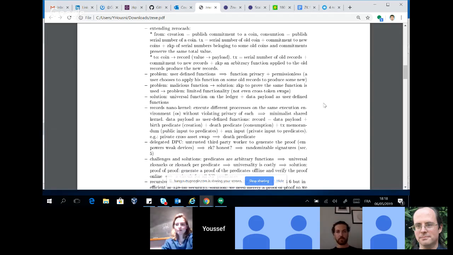So in their paper, they propose a way to give an untrusted worker the ability and the right to generate this proof on their behalf without having the secrets, without revealing those secrets. They leverage randomizable signatures. If you read the paper entirely, they took Schnorr signatures and extended them to randomizable signatures. But we will talk about this maybe in the next session.